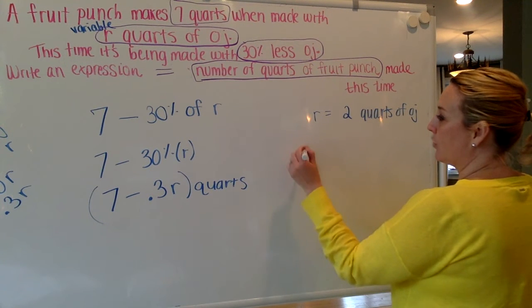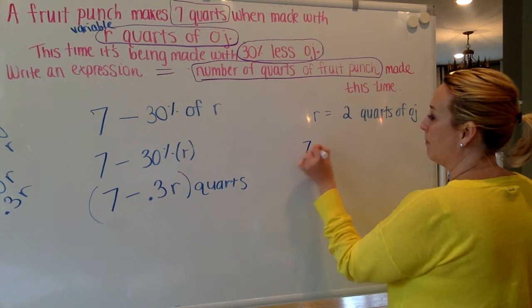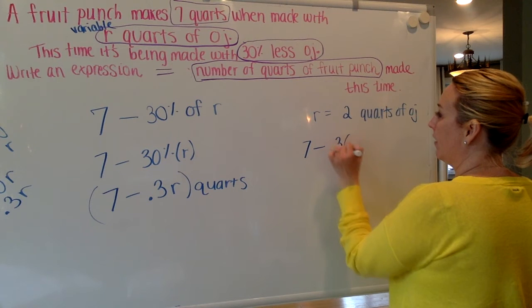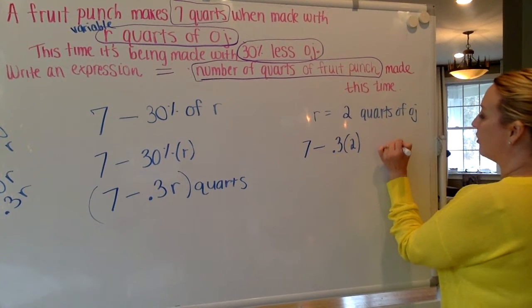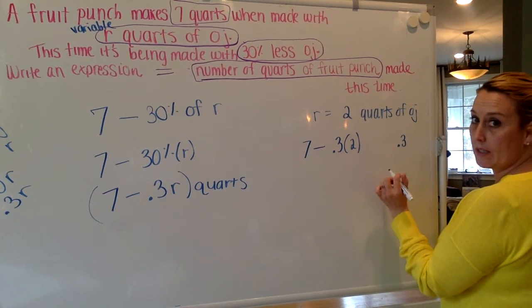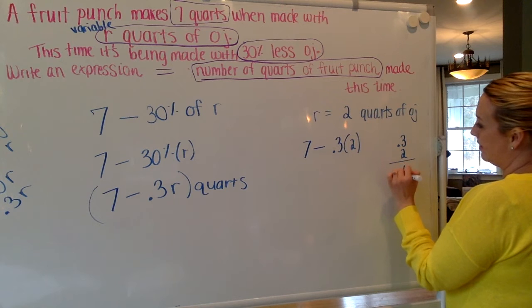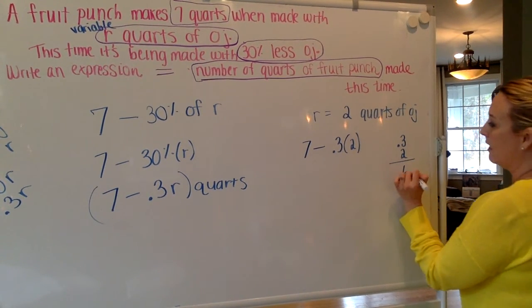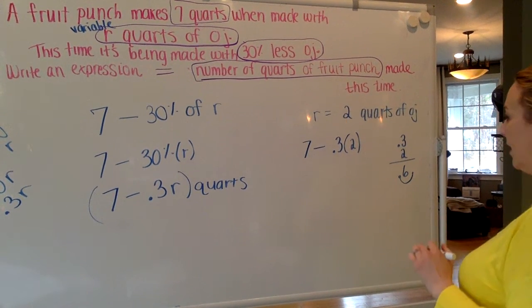So I'm going to try this out. 7 minus 30% of 2. Well, that's 0.3 times 2, which is 6, because 3 times 2 is 6, but it's a tenth times a whole, so 0.6.